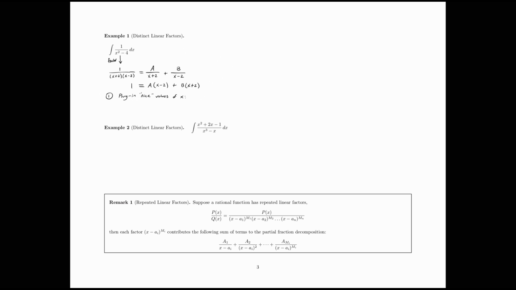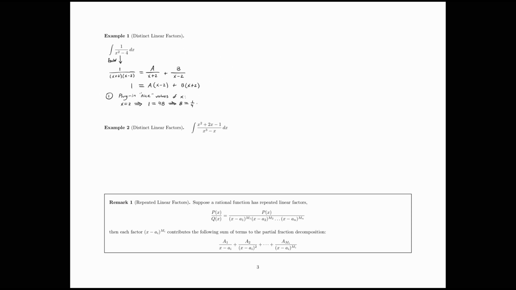So what do I mean by that? Well, you could plug in positive 2. If you plug in x equals 2, then this term here, 2 minus 2, becomes 0, and this whole term just vanishes. So then you'd be left over with 1 equals, well, this here becomes 2 plus 2, so 4 times B. And then you can solve for B by dividing by 4.